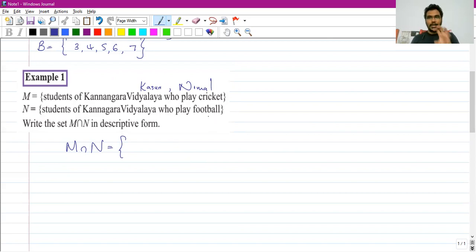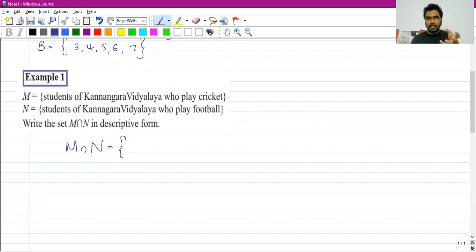From that you can say Kasun and Nimal are the common elements for both of these sets M and N. But here they haven't given any names, so we have to write it as a description. Students who play cricket, and students who play football.